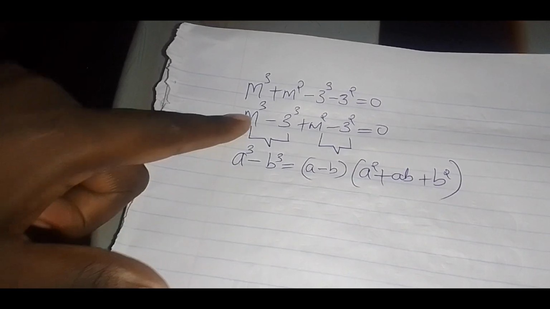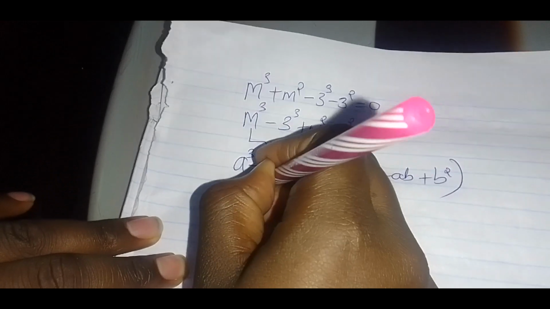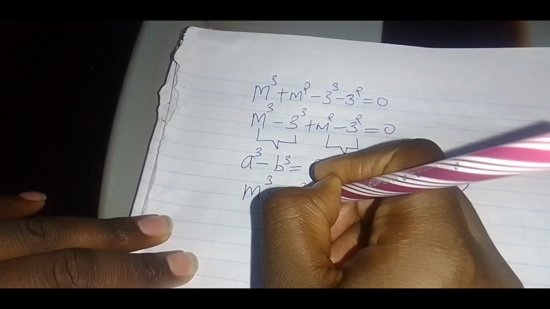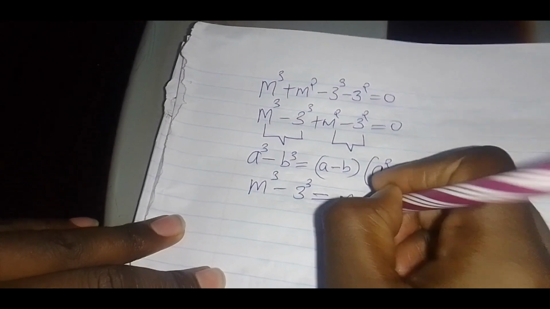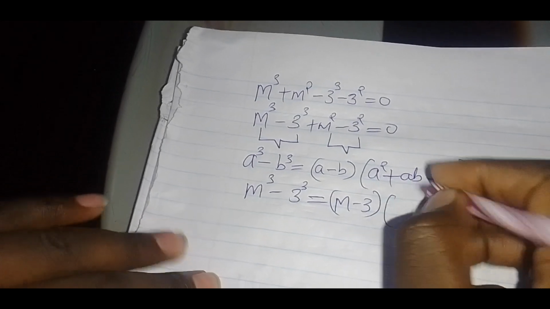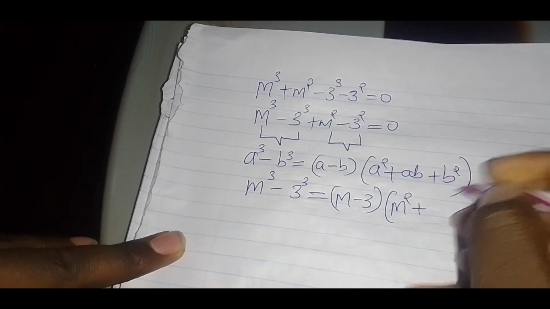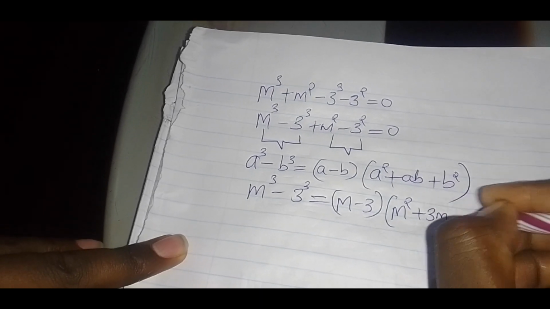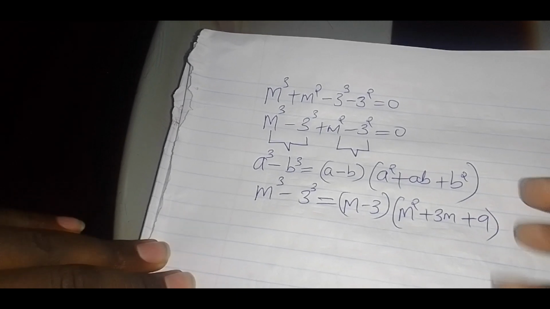So in our equation we have m cubed minus 3 cubed, and we're going to express it as m minus 3 into bracket m squared plus 3m plus 9.